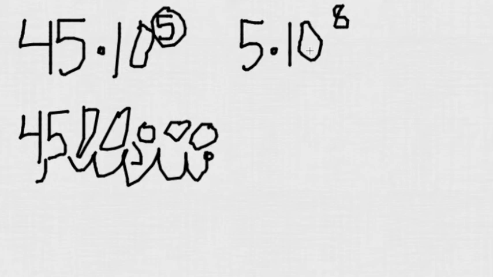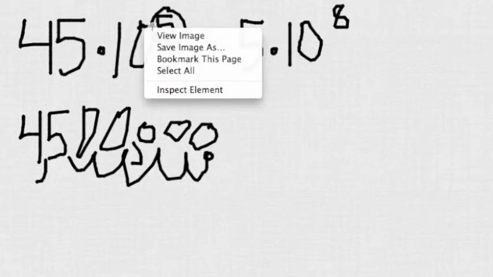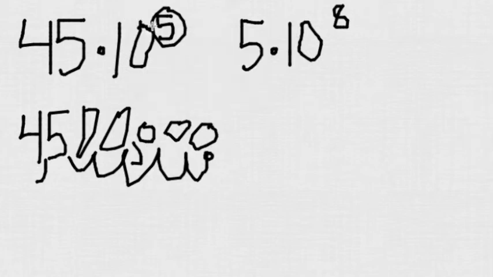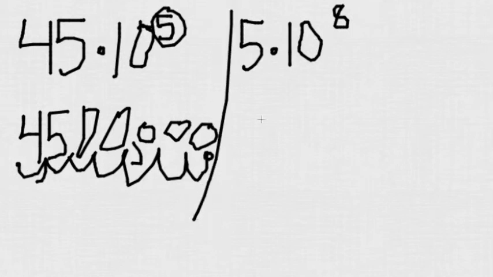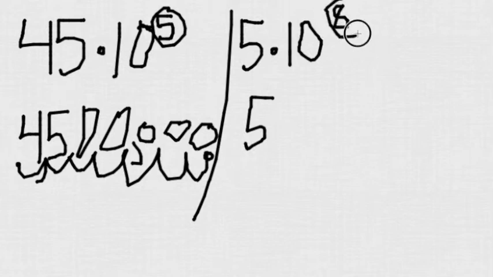And if you would happen to have a negative power, then you would just move the decimal point to the left instead of the right. So you would go like that and go over there. Anyway, for the second one, we would have 5, and then it is to the 8th power.